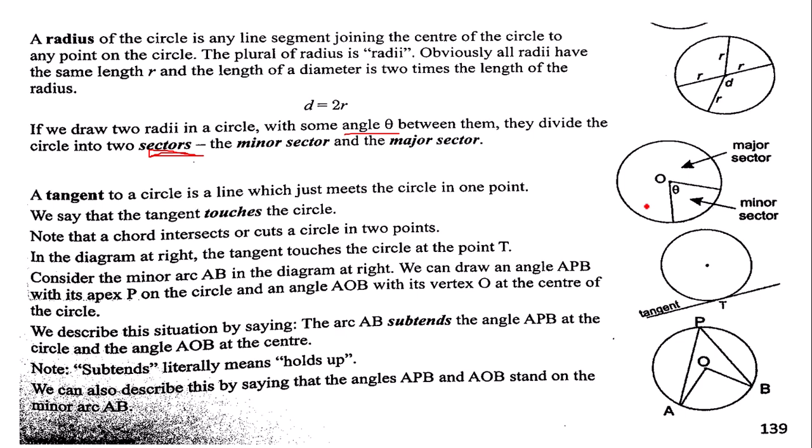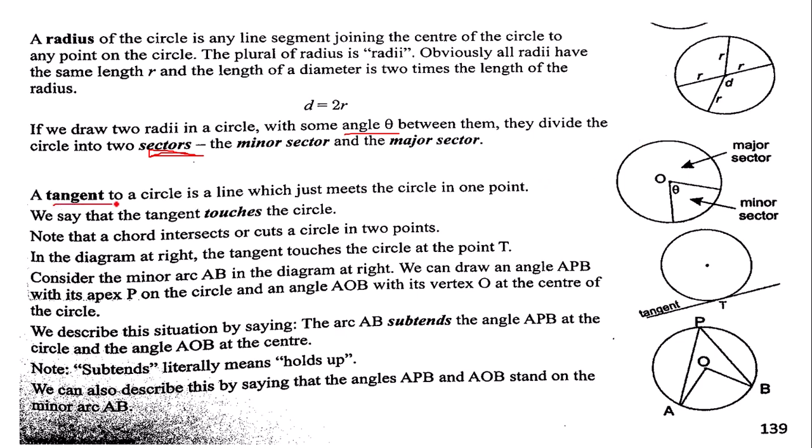So sectors are parts of a circular pizza, and they are formed by radii. So this here is a sector, and this part here is also a sector. This one is a smaller sector, so it's called a minor sector, and that one is the major sector.